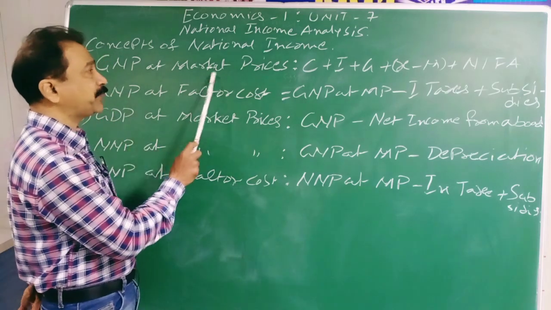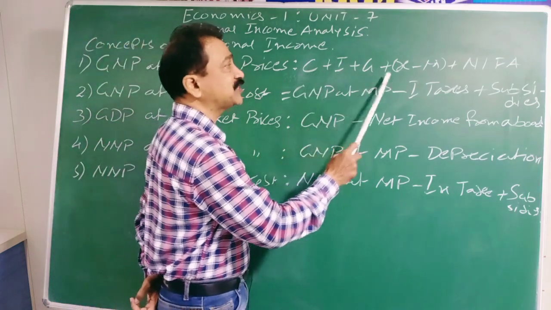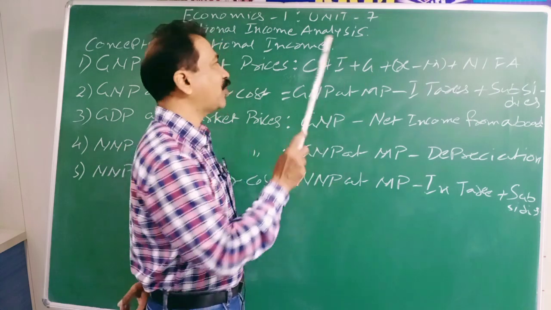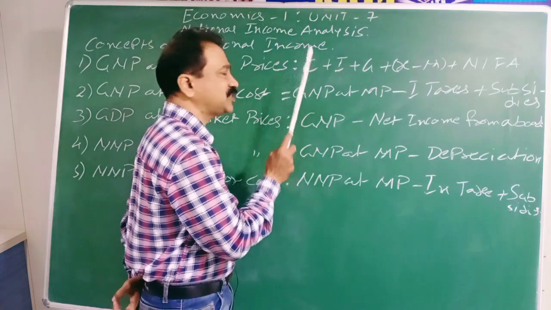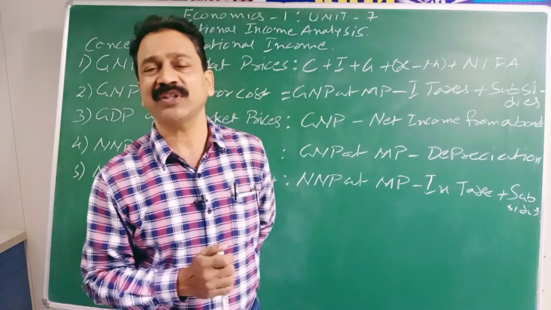So GNP at market prices is C plus I plus G plus X minus M plus NIFA, net income from abroad. Now I'll explain one after another. C represents consumption of all the people in the country.